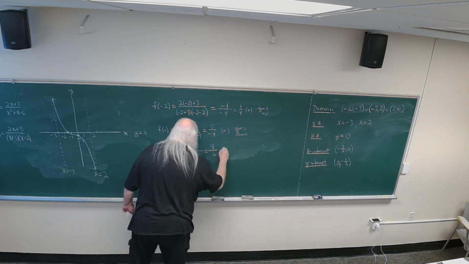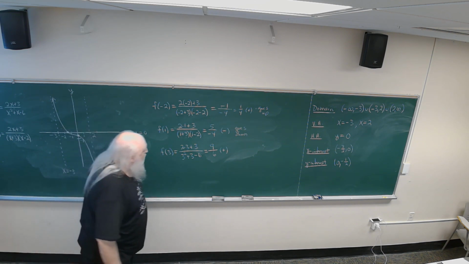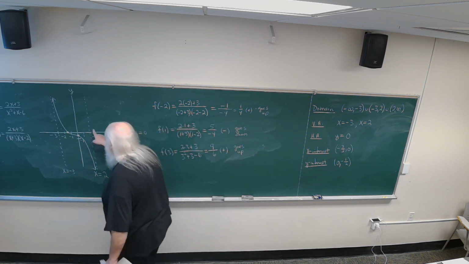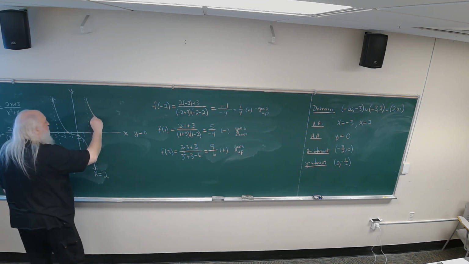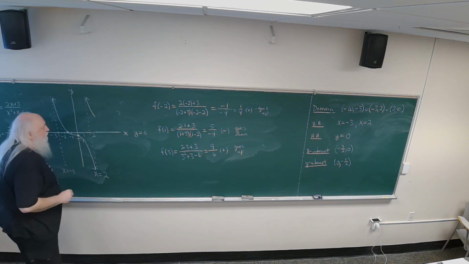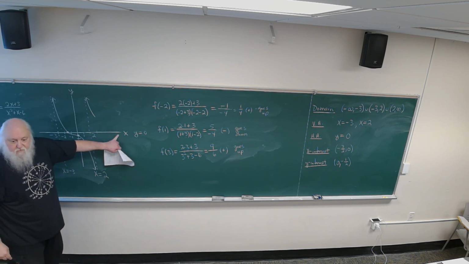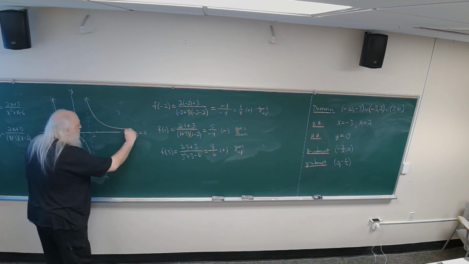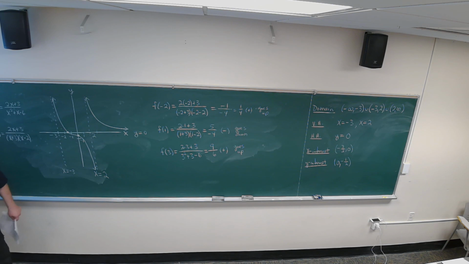And 9 divided by 6 is positive. And so the graph goes up to the right of this vertical asymptote. And so the graph goes up to the right of it, okay? And because the x-axis or y equals 0 is a horizontal asymptote, we know that it's got to flatten out going to the right above the x-axis.